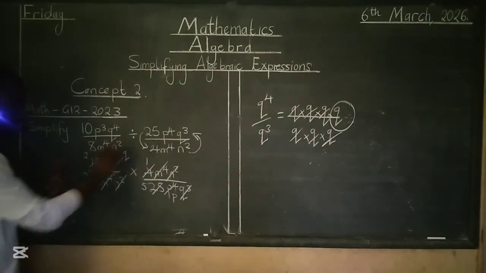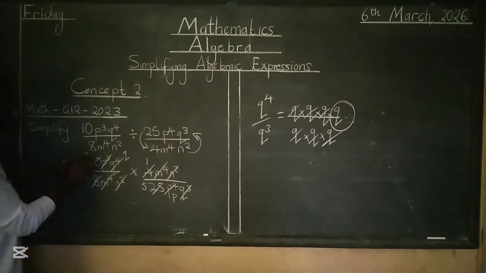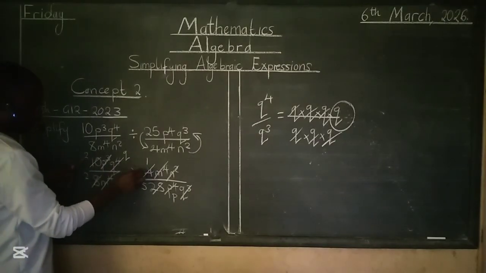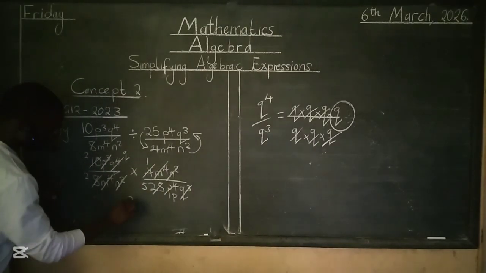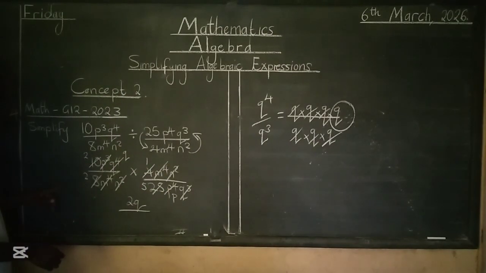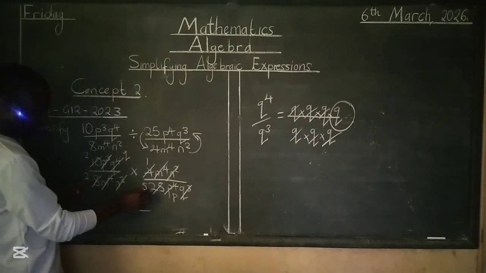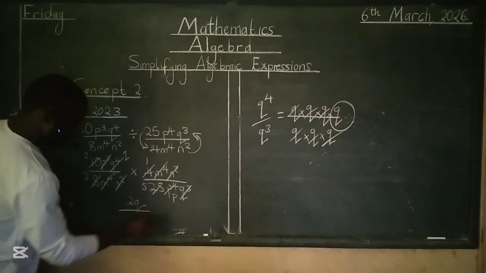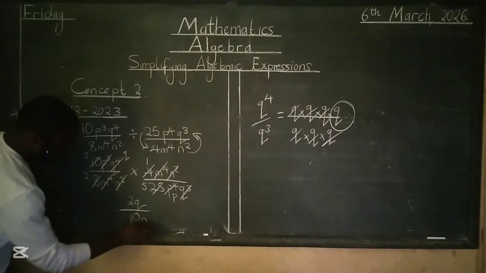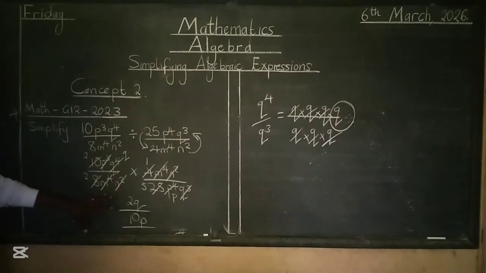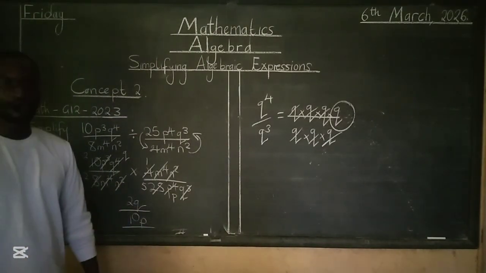So if we look at this, what has survived? 2q. Here is just the 1. So 2q over down here 2 times 5, 10 and e. So this is just 10e. And just like that, you are done with this.